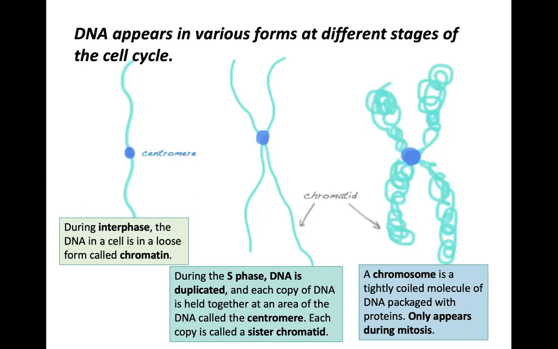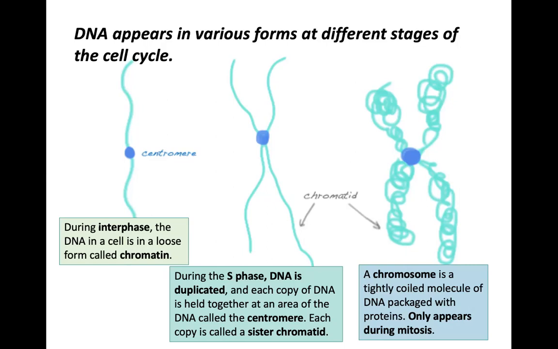Okay, so chromatin versus chromatid. The chromatin is the loose DNA, and the chromatid is once DNA is replicated. These are sister chromatids, and together they make a chromosome. In a chromosome, you're going to see tightly coiled DNA.